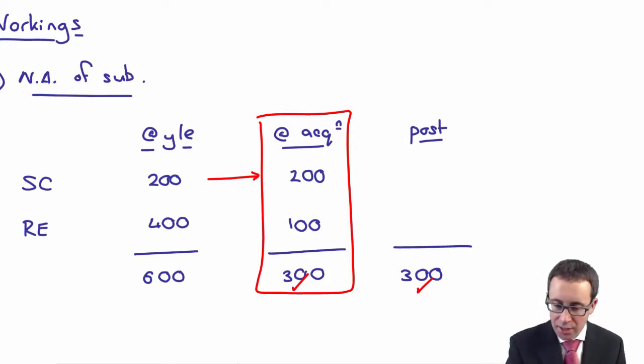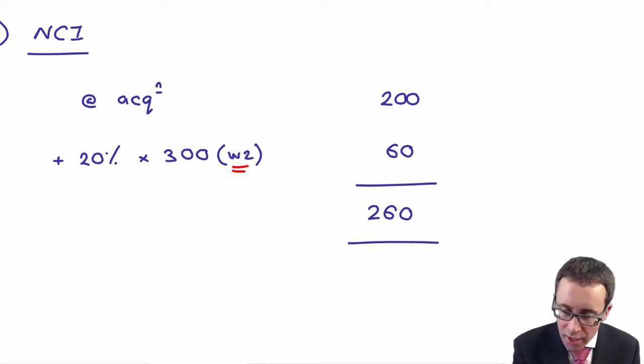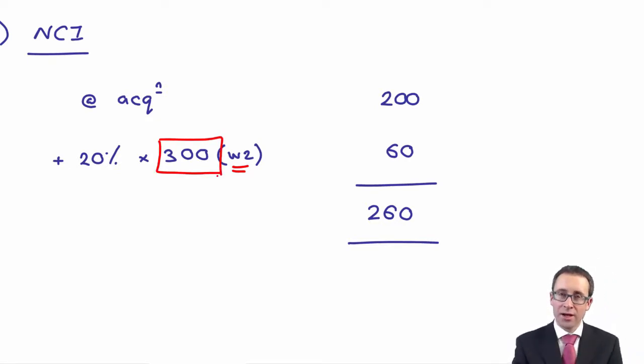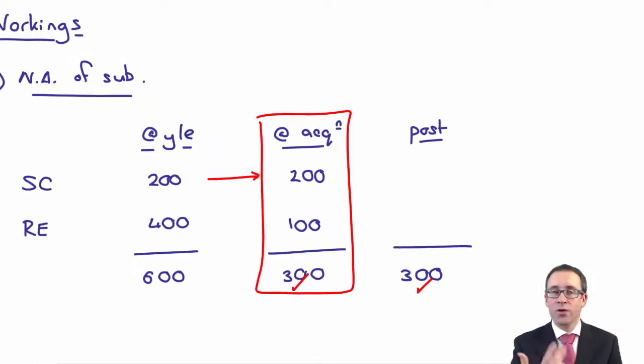If it asks you to work out your non-controlling interest, again, you know what the NCI at acquisition is. You need to work out the post-acquisition movements in retained earnings. So you could go back to working two and do the full working, maybe just focusing on the movement on retained earnings.